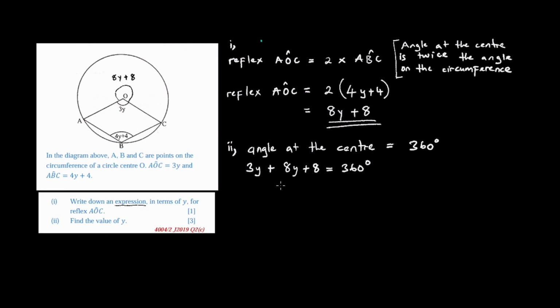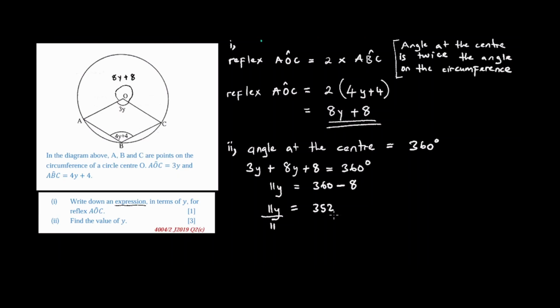8, 9, 10, 11. 11y is equal to 360 subtracting 8. 8 aenda kuside uko. 11y is equal to, let me use my calculator, paper 2. Saka 360 subtracting 8, we get 352 degrees.